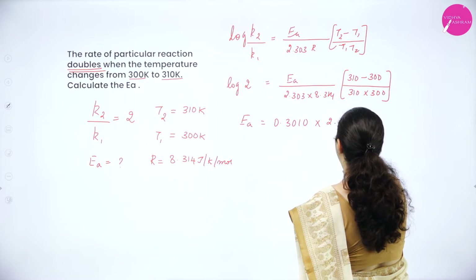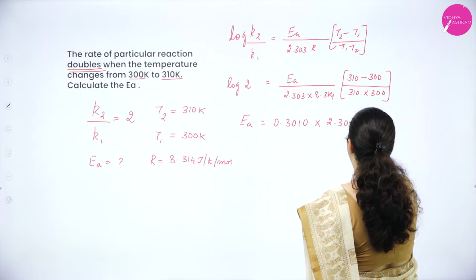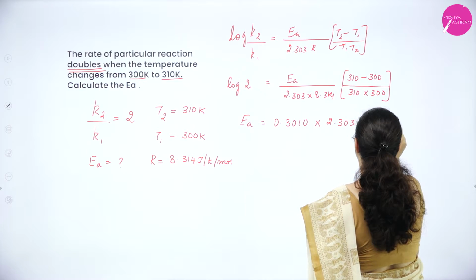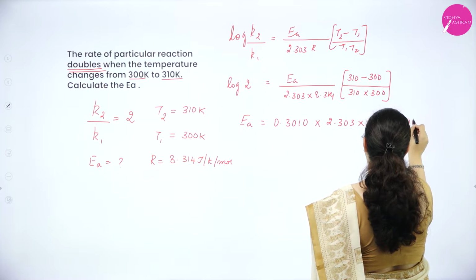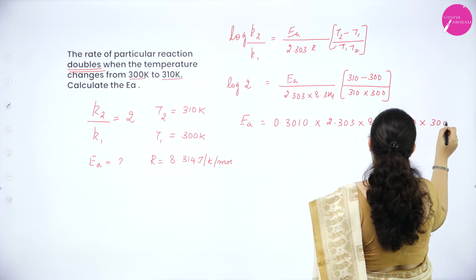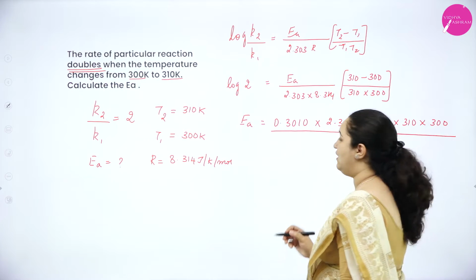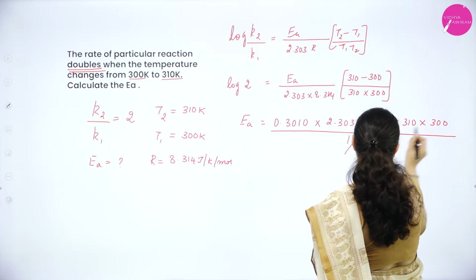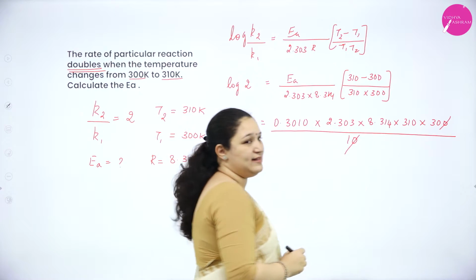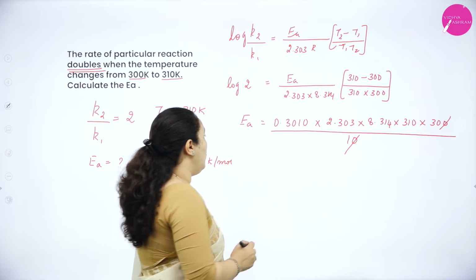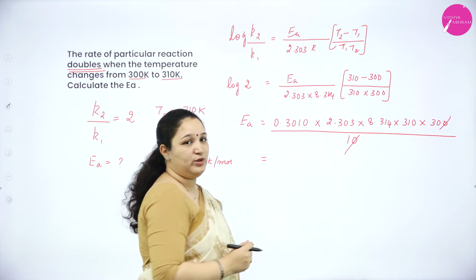So it will be 2.303 into 8.314 into 310 into 300 divided by 310 minus 300, which is just 10. So the 0 and 0 get cancelled.